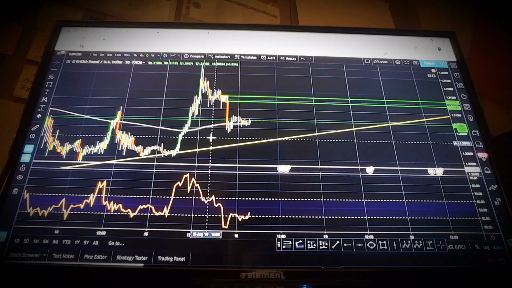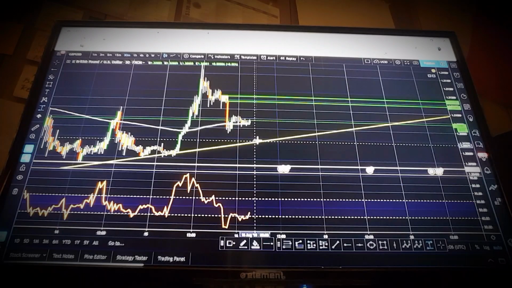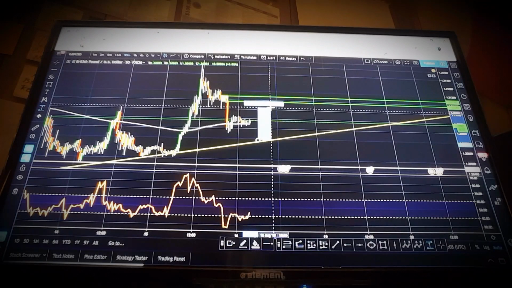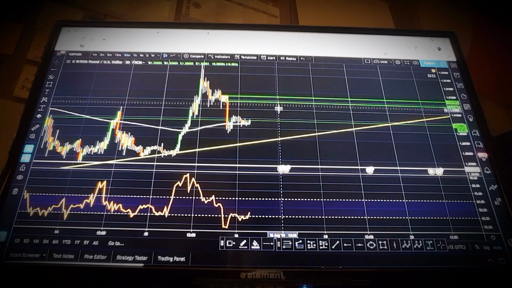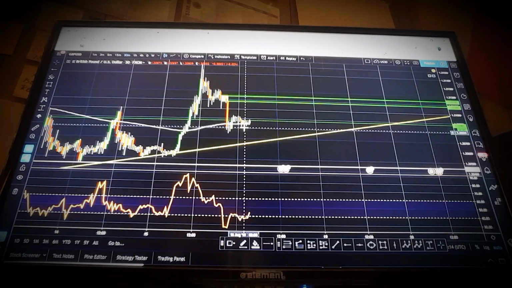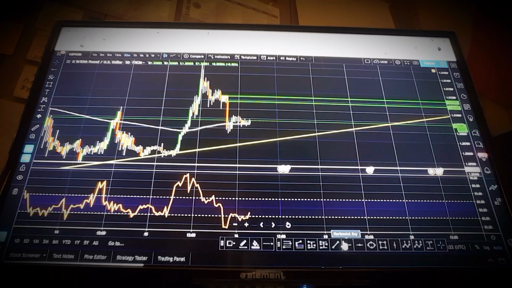So now we have another zone. What's the range? The range is about 40 pips. That's good. So what are you gonna do in a situation like this? I'll be waiting patiently for price to get to a certain point so I can short it.